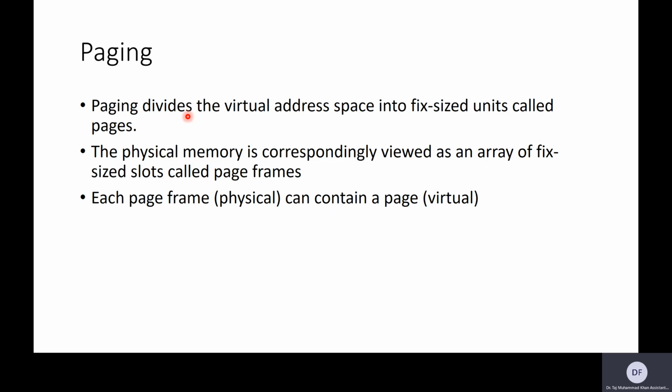So this whole virtual address space, in the paging scheme, we divide for each process into equal sized segments, and we call them pages. The virtual address space is divided into fixed size units, and these units are called pages. And similarly, the physical memory, the RAM, is also divided into fixed size units, and those units are called page frames.